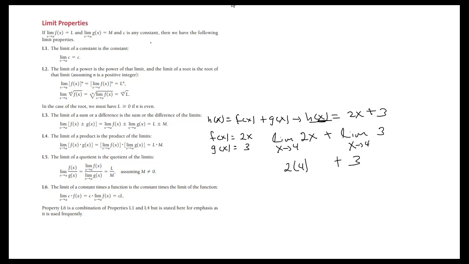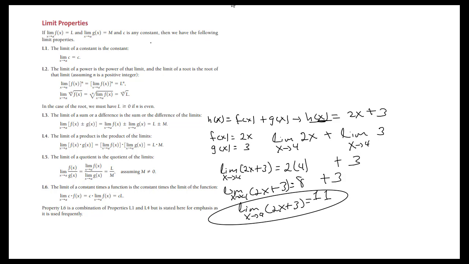That means this is 3. Therefore, my final answer is going to be 8 plus 3, which is 11. Then we can say the limit when x approaches a, in this case a is 4, of 2x plus 3 is equal to 11.